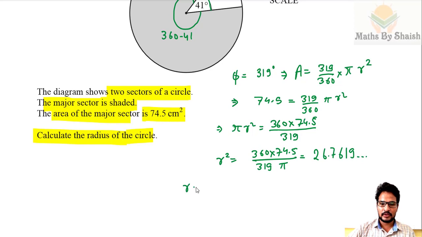Then we'll calculate the radius, and we know that radius cannot be negative, so it is only going to be the positive square root of this, which we can calculate directly on the calculator, and this comes to 5.173 and so on. So to 3 significant figures, the radius is 5.17 centimeters.